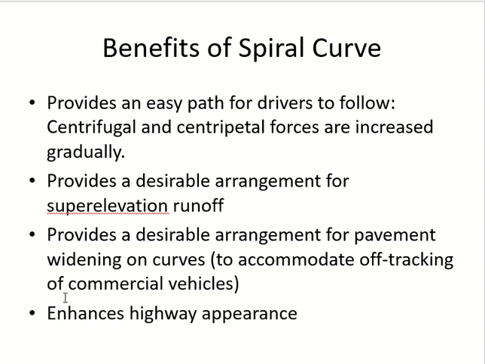Heavy vehicles. Because they cannot make the turn in a circular path. You need to provide them more space. So again, like we did with the super elevation, the width should also increase gradually, right? So where will you make this gradual change? On the spiral transition. Clear?